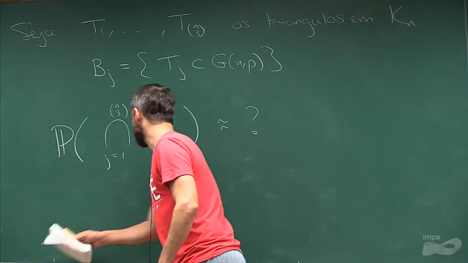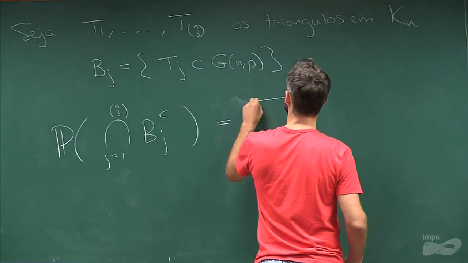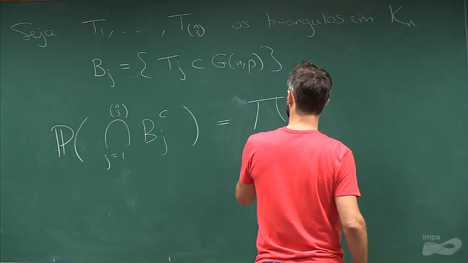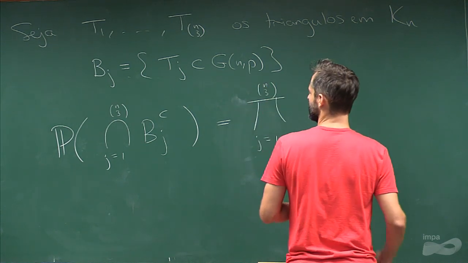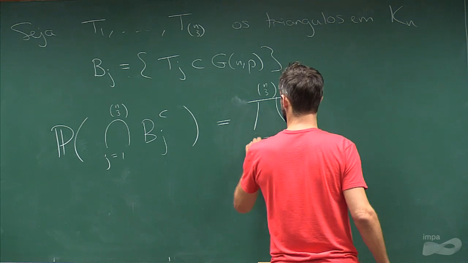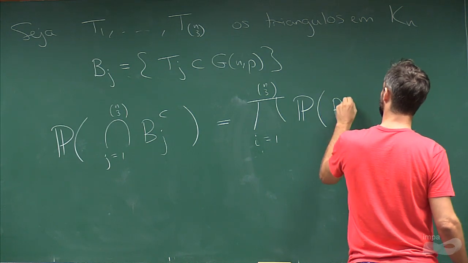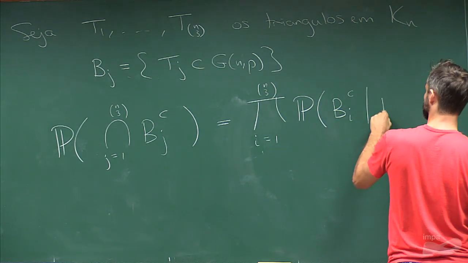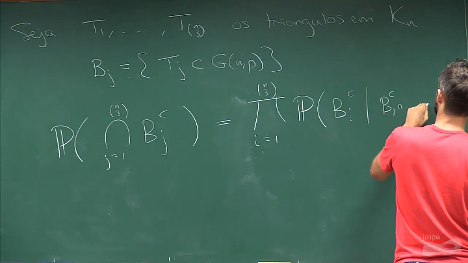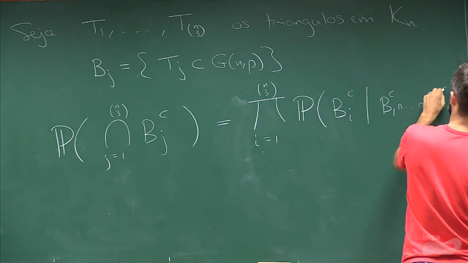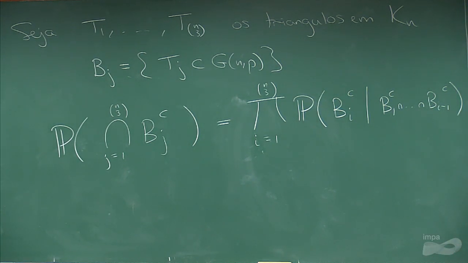So we can write this as the product from j equals 1 to n choose 3 of the probability of B_j complement given B_1 complement intersect through B_{j-1} complement. Given that you've only received no's so far, what's the probability of the next no?